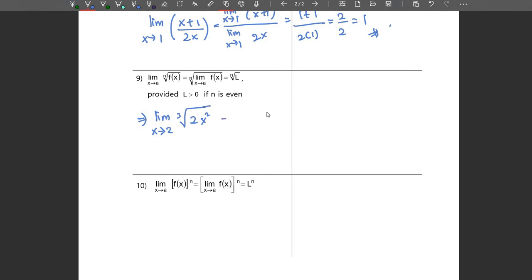It can also be written as such. Next, we substitute the value of x. Here it will be the cube root of 2 times 2 squared, which is equal to the cube root of 8, and this equals 2.